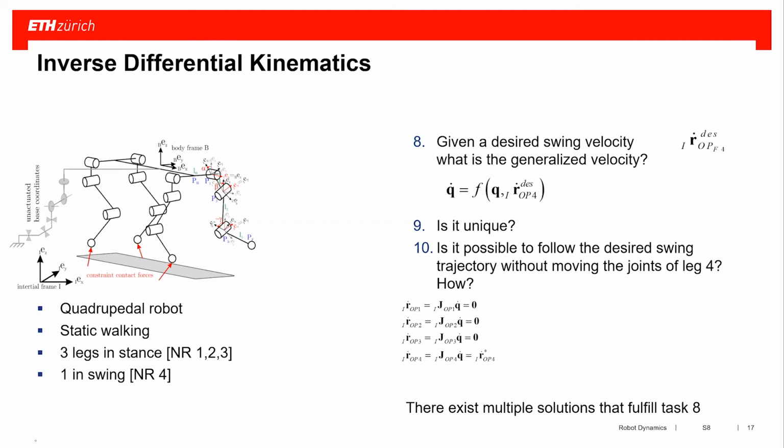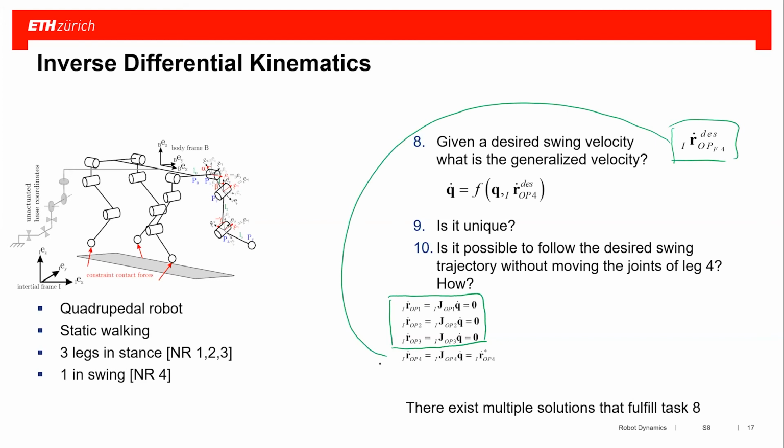We have these contact constraints given from before. Now we're introducing an additional task which says we want to move the swing foot along this predefined trajectory. So we have a 4th task which goes in here.